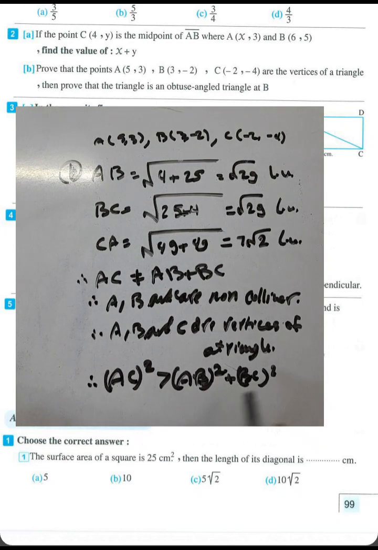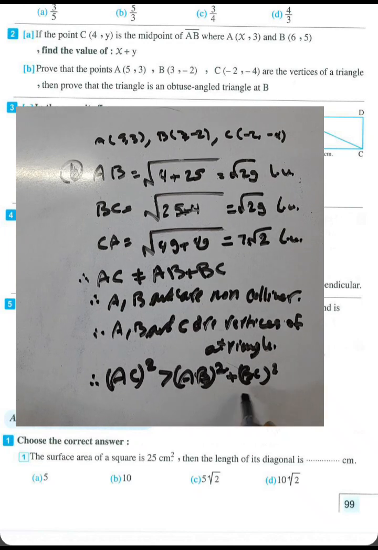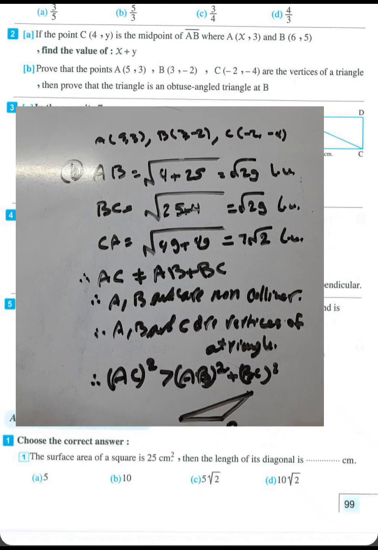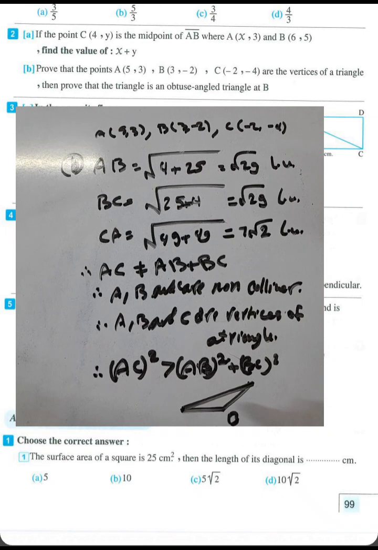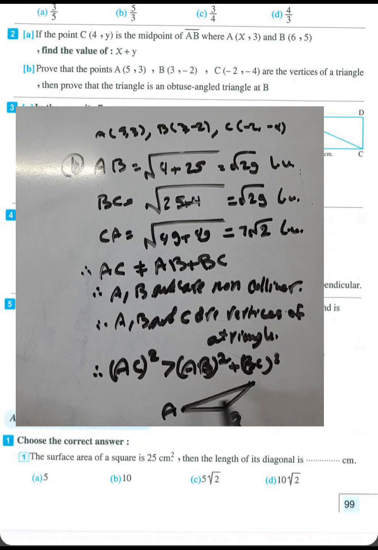Okay, this will be obtuse angle at B. This triangle is obtuse angled, right? Obtuse angle triangle at B, because AC power 2 is greater than AB power 2 plus BC power 2.